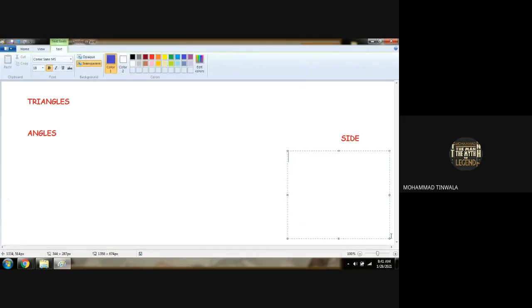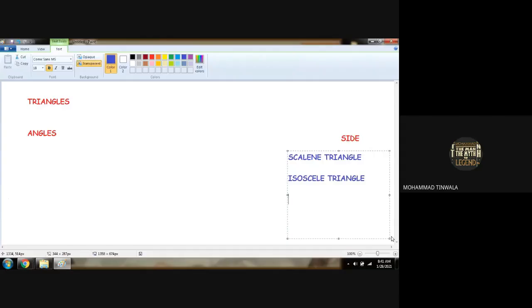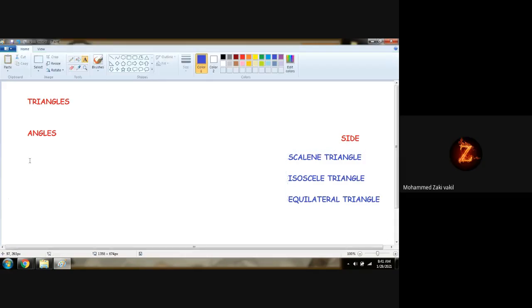How many triangles are there in sides? Scalene triangle, then isosceles triangle, and the last one is equilateral triangle. And in angles? Acute angle triangle, obtuse angle triangle, and right angle triangle.